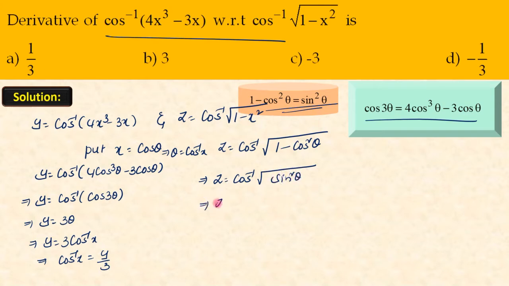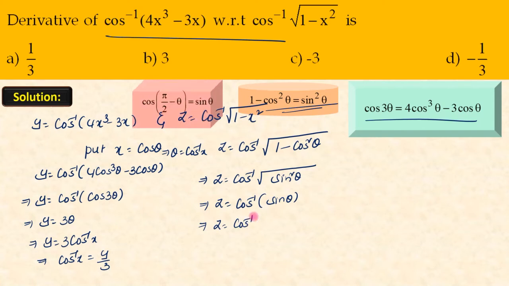This implies z is equals to cos inverse of, here root and square get cancelled, sin theta. We know that cos of pi by 2 minus theta is equals to sin theta. So here cos of pi by 2 minus theta.